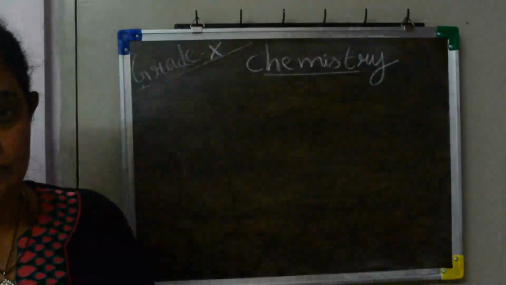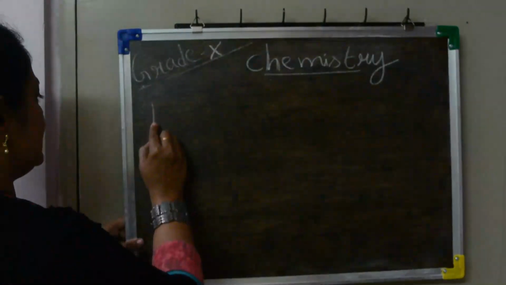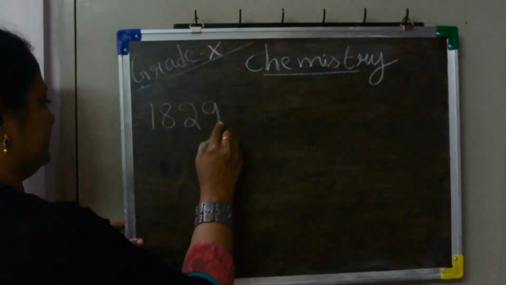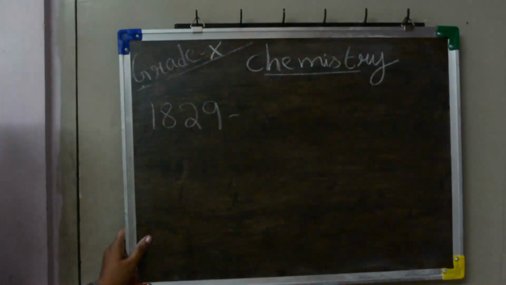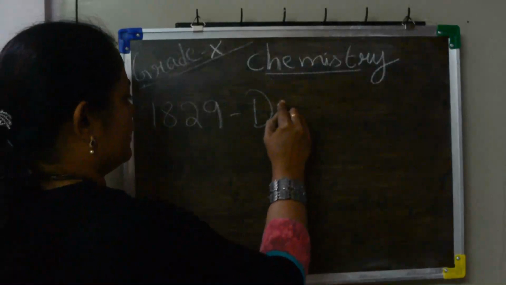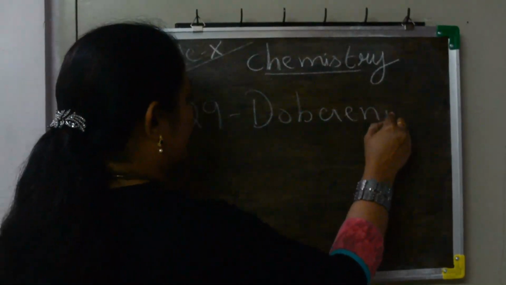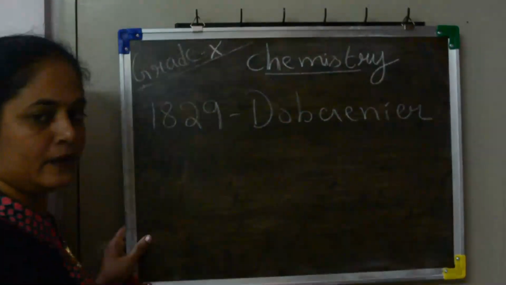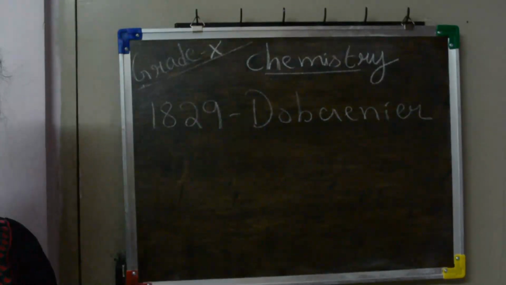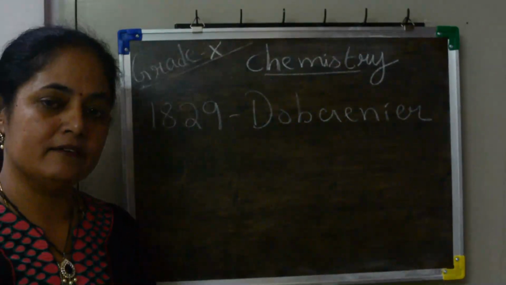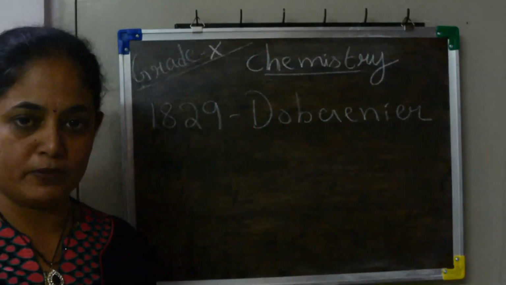The first attempt was done in 1829 by the German scientist Dobereiner. He understood that the elements have similarity in certain properties.